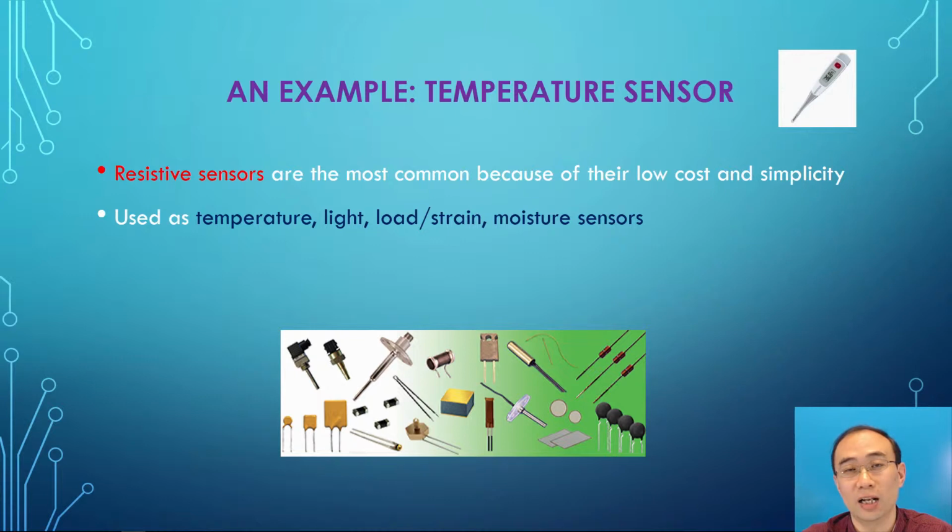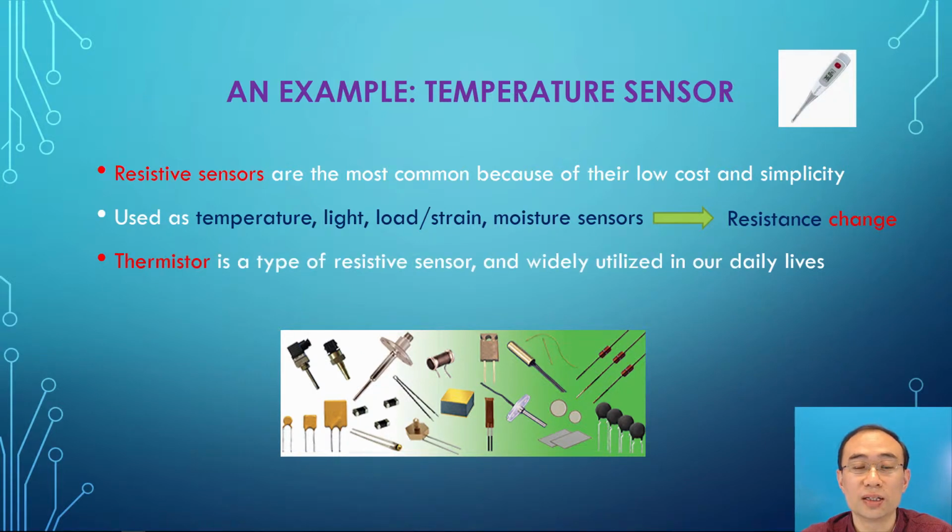For example, whenever the temperature, the light, or the moisture changes, the resistance of the resistive sensors will change. By measuring the change of the resistance, we will be able to measure the change of the physical condition around the sensor.